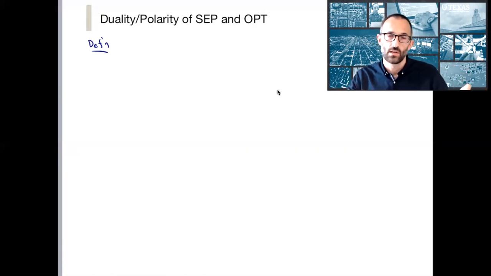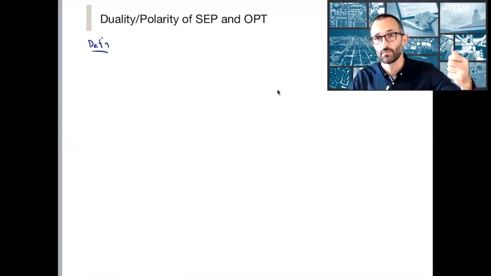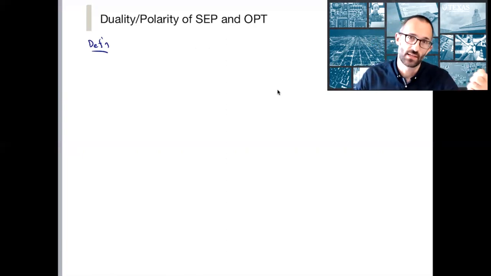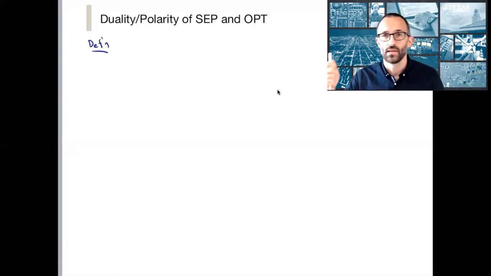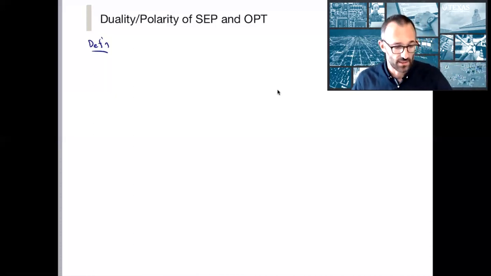Violation is saying, do all the points satisfy this constraint? If not, find a point that doesn't satisfy it. The dual swaps points and constraints. So the separation problem is saying, is this point feasible? Not, is this inequality always satisfied? Is this point feasible? And if not, give me an inequality that it violates. Violation says, is this constraint feasible? And if not, find a point that violates it.